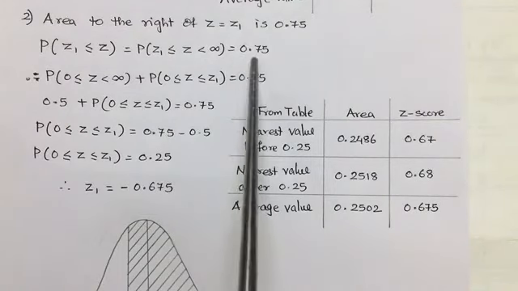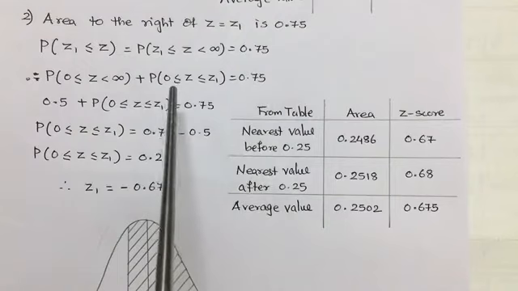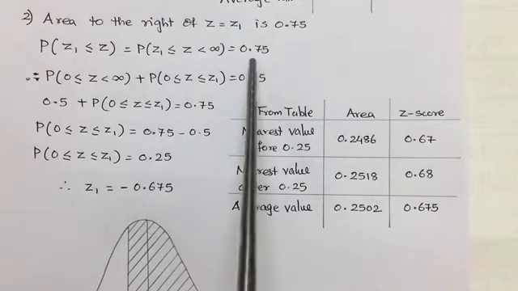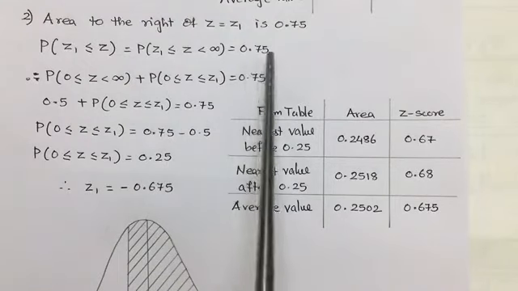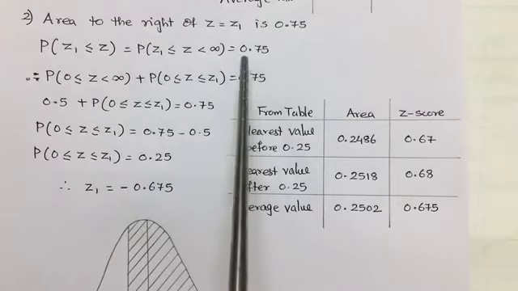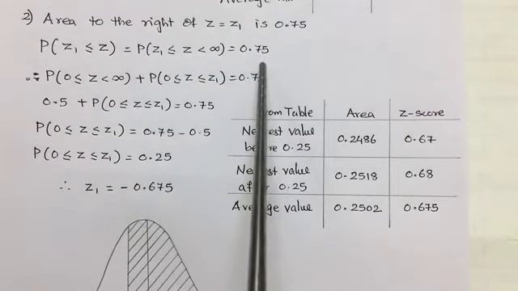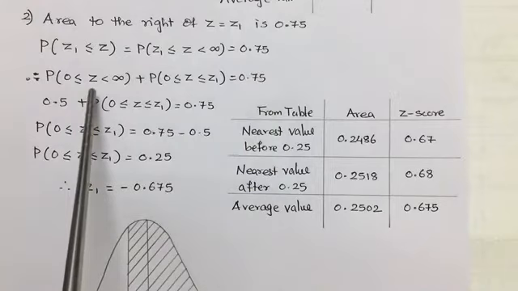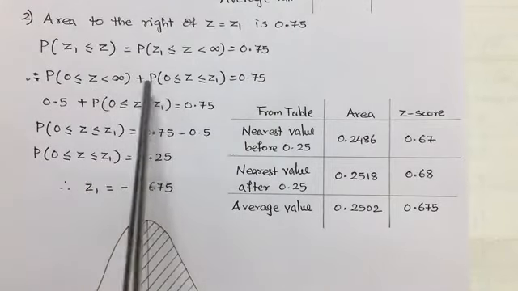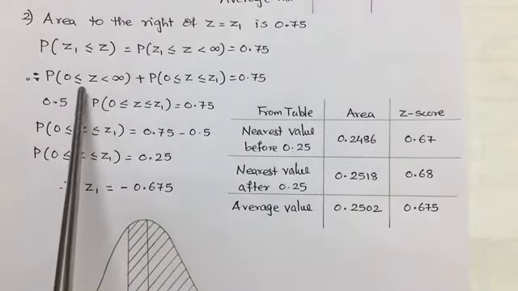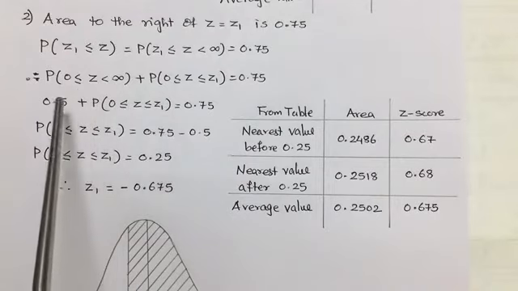This area given is 0.75. Now as 0.75 is more than 0.5, we have to add both the probabilities by breaking it from 0.